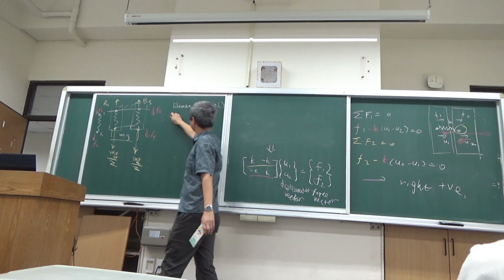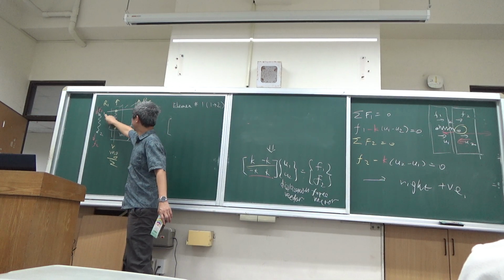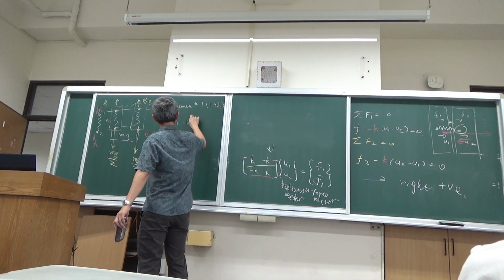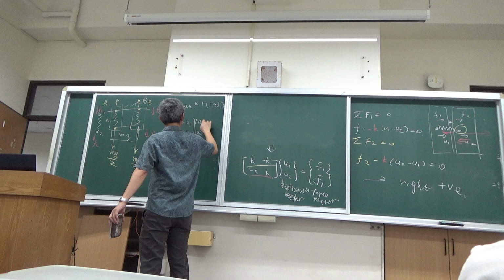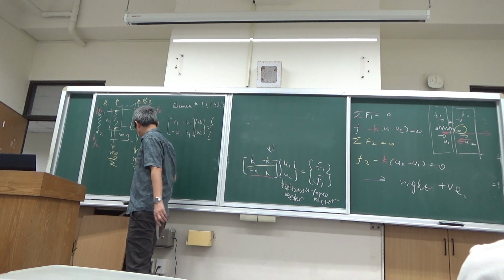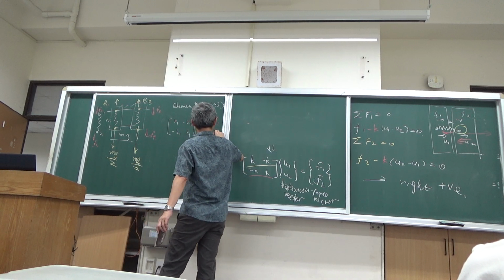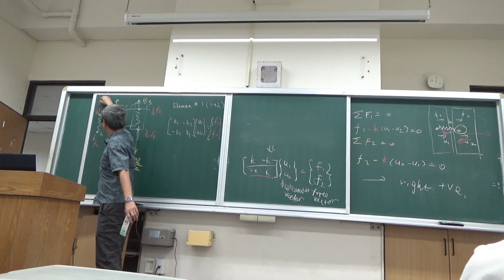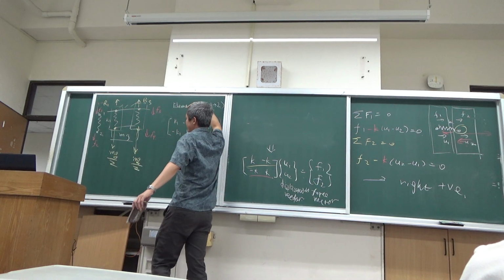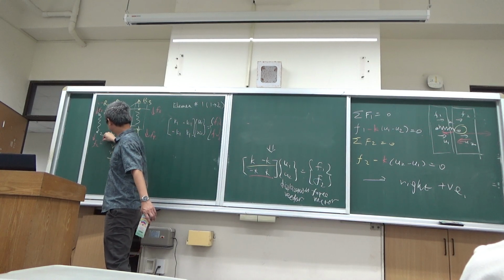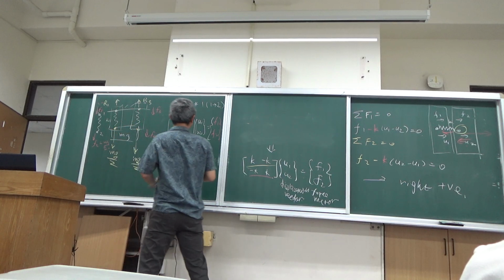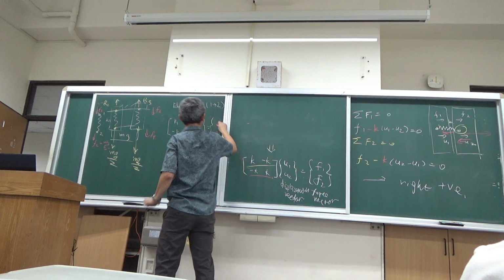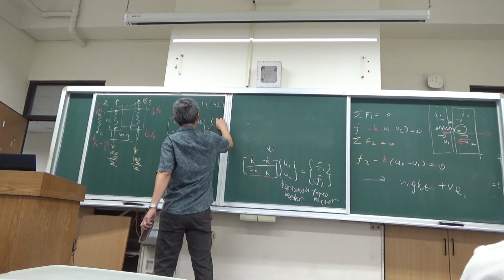Remember this equation: if this is K1, then you have K1 times the matrix [1 -1; -1 1] times U1, U2, equal to the forces F1, F2. But here, F1 is equal to minus the reaction force R1, and F2 is equal to mg over 2. So then you're going to do the update. You're going to have minus R1.